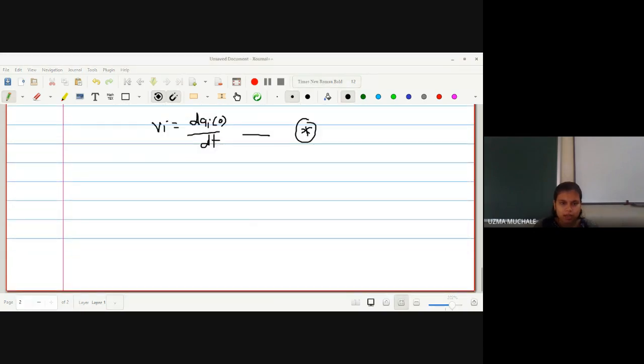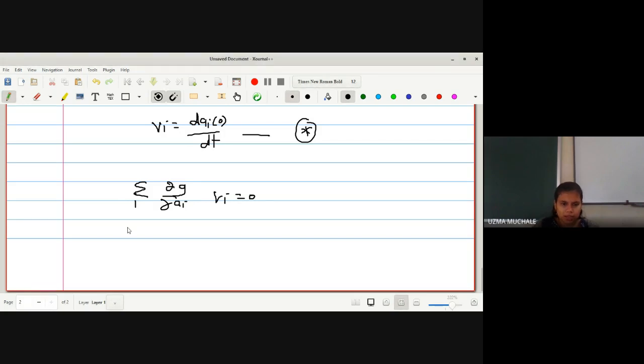Just using the star equation in equation 3, I can have summation over i of dou g by dou ai. Okay, we are differentiating. So ai at alpha, and this is vi at 0. Vi is nothing but dai by dt, differentiated with respect to t.